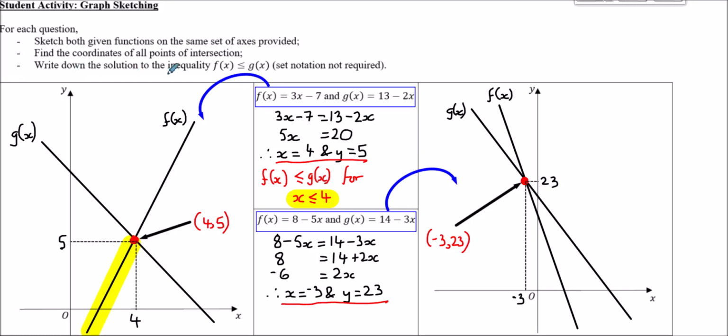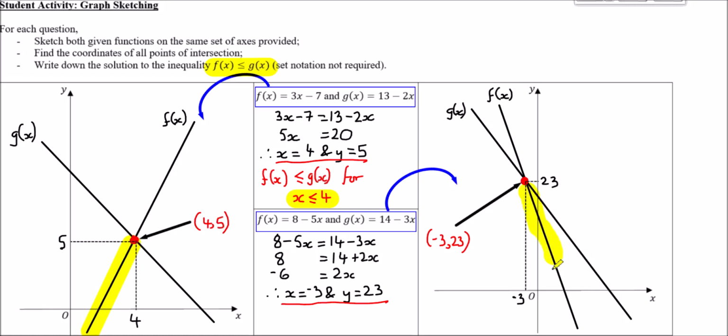Going back to the solution where f of x is less than or equal to g of x, again it's where this f of x line is below the line of g of x. So whereabouts is that the case? Where is f of x below g of x? We can see f of x goes below g of x at minus 3 and beyond.